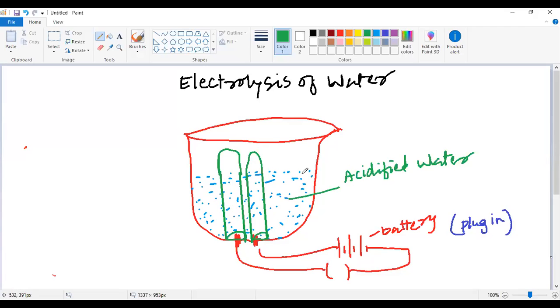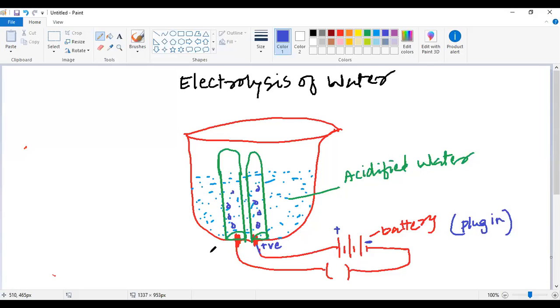And my dear students, when we pass the electricity, the gases which are produced are bubbled into the test tubes. Now you can see that this is the positive charge and this is the negative charge. Please note that this is your positive electrode.